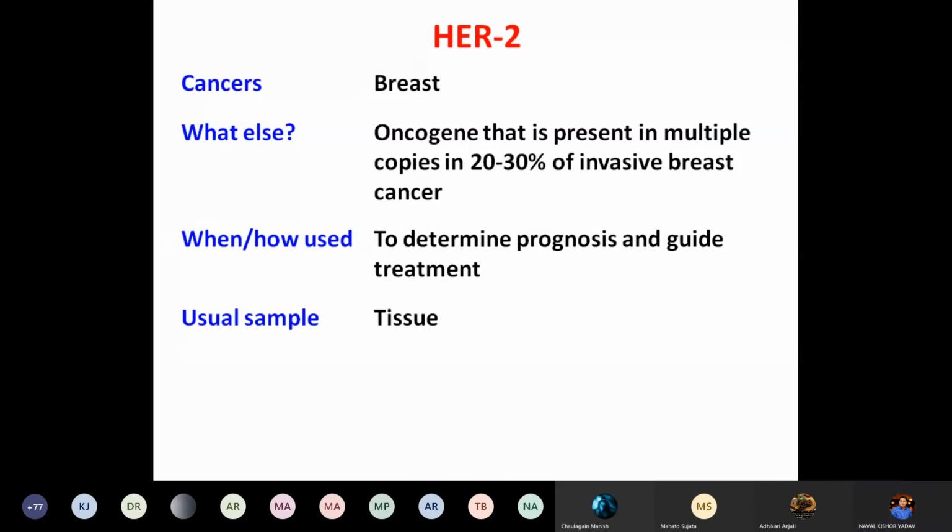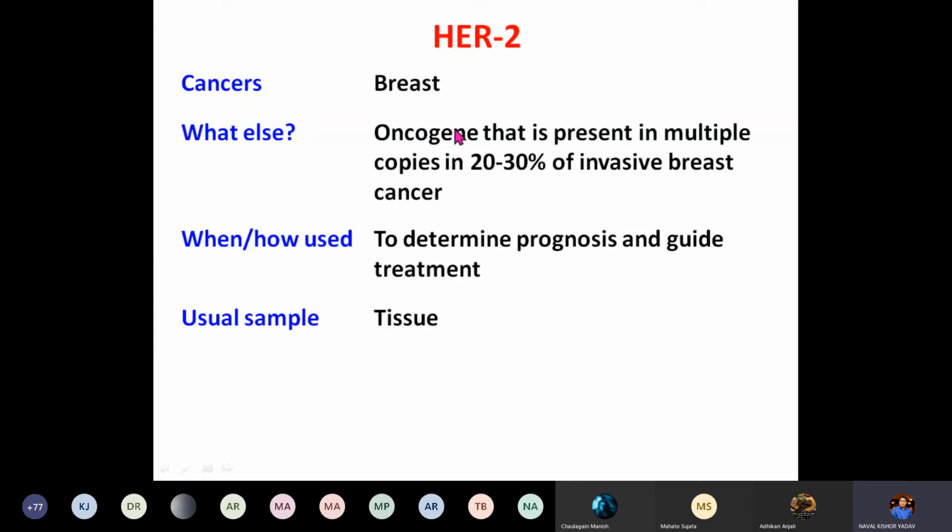HER2, human epidermal growth factor receptor 2, which is used as a tumor marker for breast cancer. It is an oncogene that is present in multiple copies in 20 to 30% of invasive breast cancers.